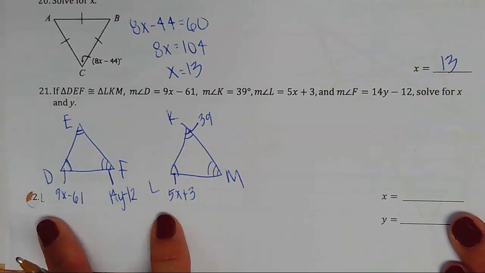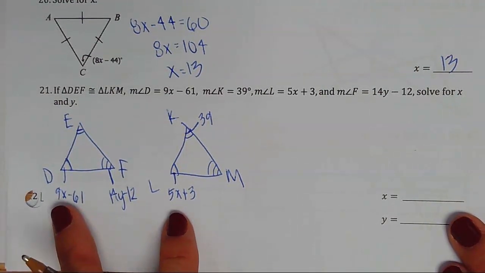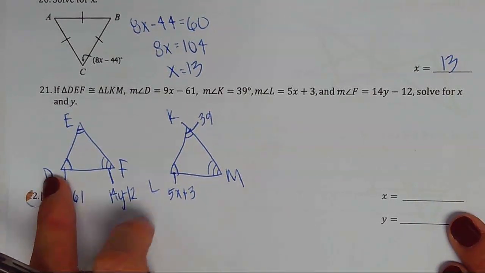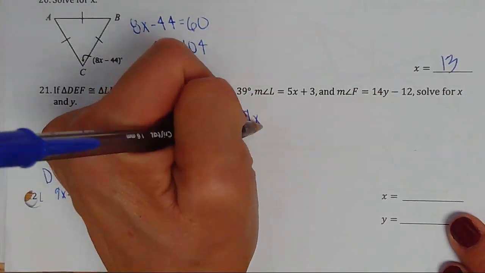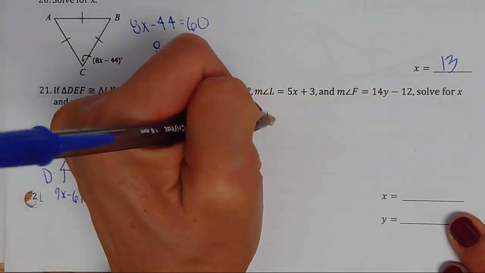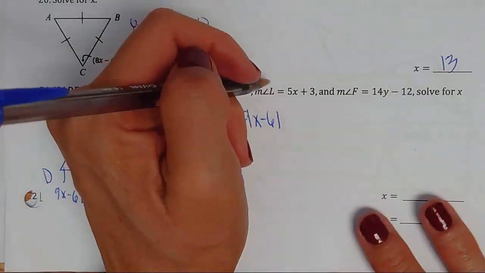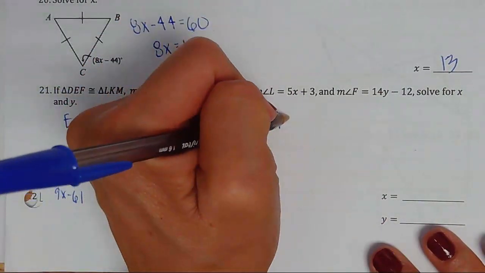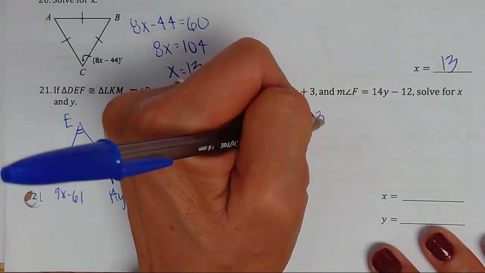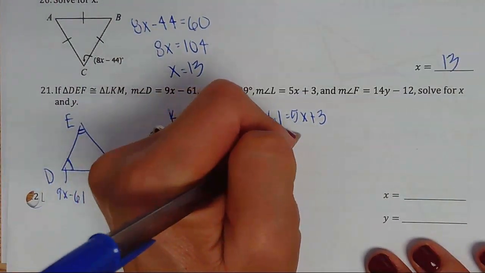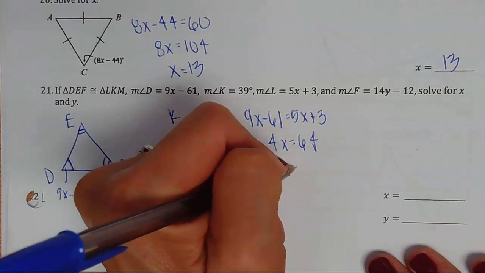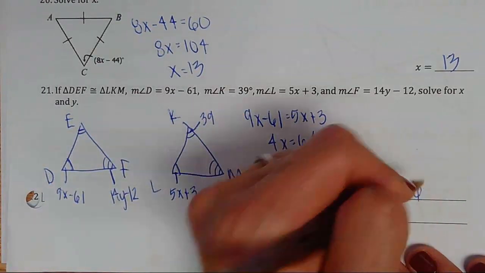Well, I'm going to start by solving for X because it's the same variable and I know that these angles are congruent. Knowing they're congruent means I can set them equal. So 9X minus 61 equals 5X plus 3. I'll simplify and get 4X equals 64 and X equals 16.